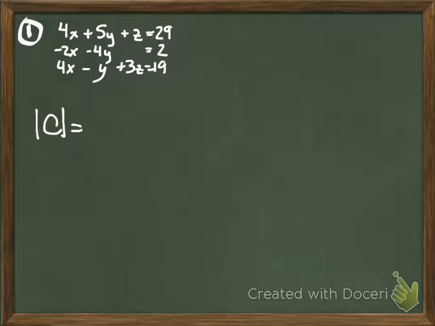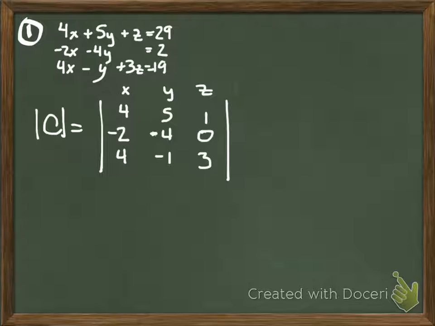Once you get it written down, go ahead and create your coefficient matrix with your x, y, and z columns. When we're finding the determinant of a 3 by 3 matrix, what do we need to do? Copy the first 2 rows.